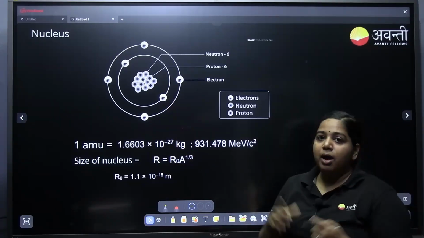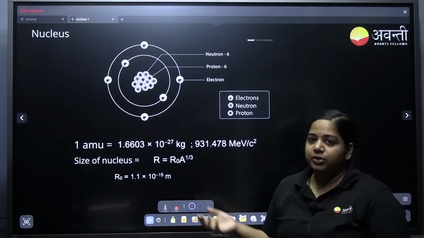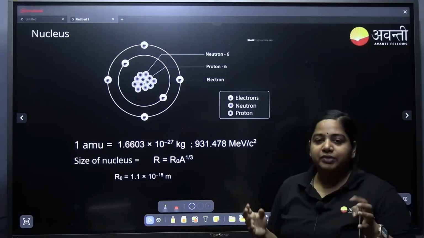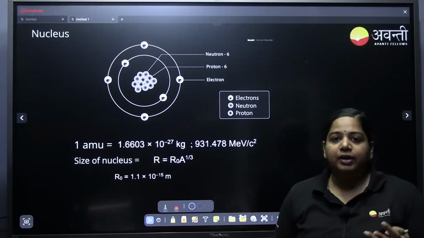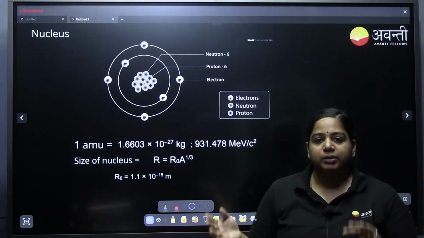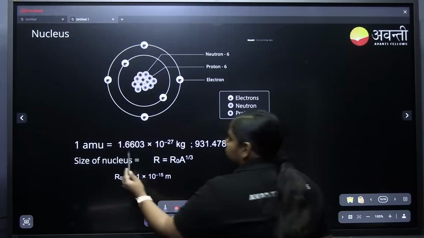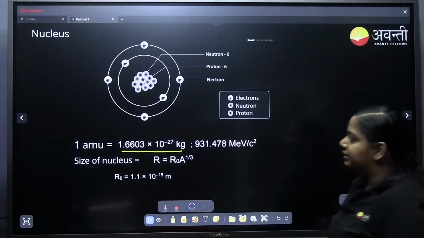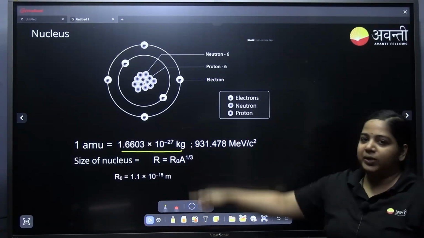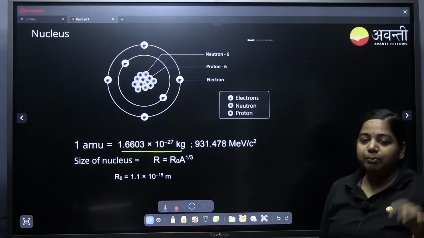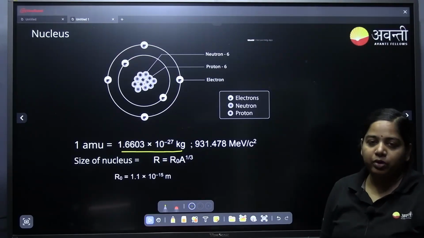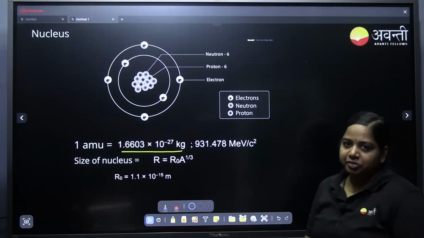So what will be the mass of a nucleus? We will say it in AMU, because if, let's say, there are a total of 12 protons plus neutrons, we will say 12 AMU, like that. So 1 AMU is equal to 1.66 into 10 to the power minus 27 kg. It is approximately equal to the mass of a proton, approximately equal to the mass of a neutron.